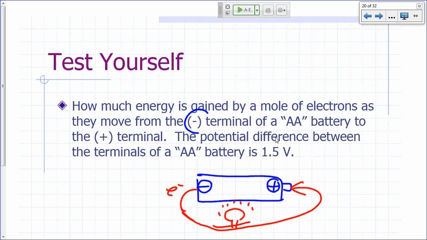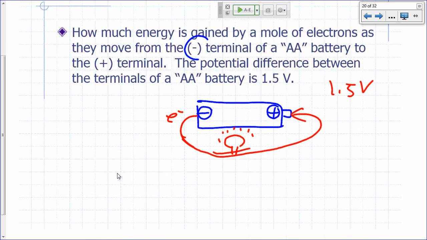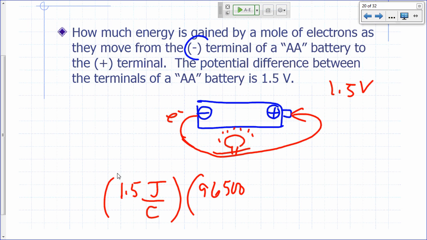The difference between the negative and positive terminals of your typical AA battery is 1.5 volts. So how much energy would be gained by a mole of electrons as they go from the negative terminal to the positive terminal? What would be the answer? 1.5 volts is what? A joule per coulomb, right? How many coulombs do we have in a mole of electrons? 96,500 coulombs per mole of electrons.